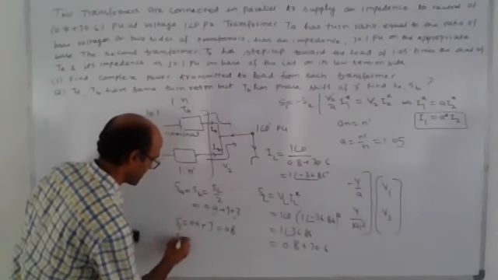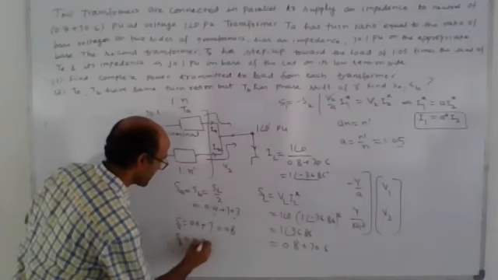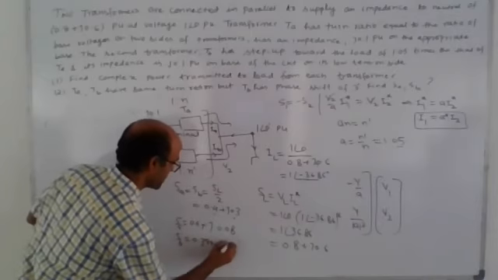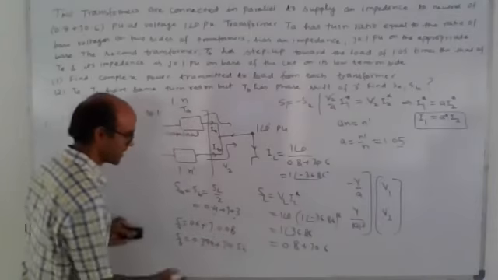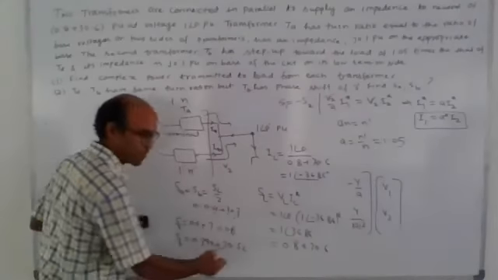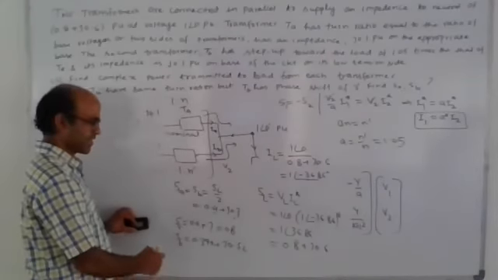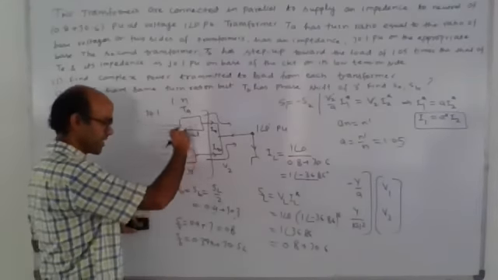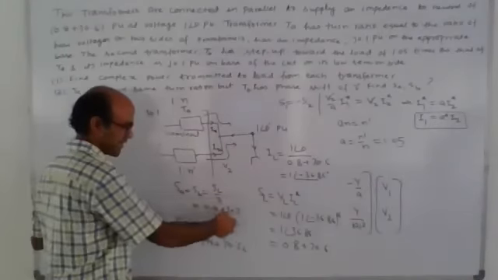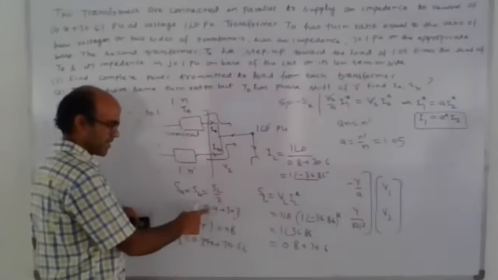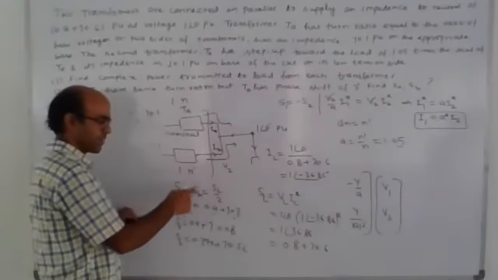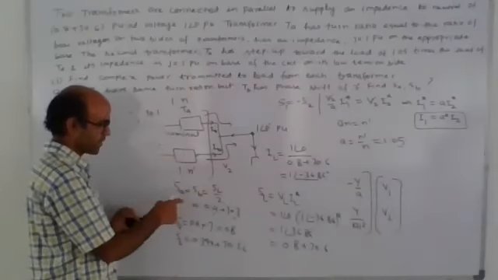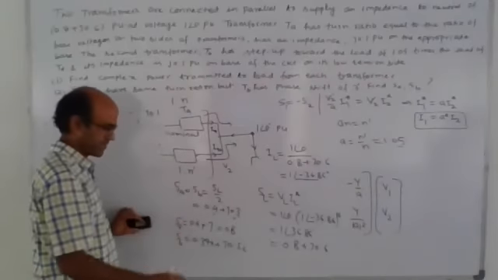SB is 0.399 plus J 0.52. You can see this is 0.3, this is 0.52. So even though the transformers have equal turn ratio, they will share equal power. We can't change reactive power. So for changing reactive power, we have to change the number of turns.